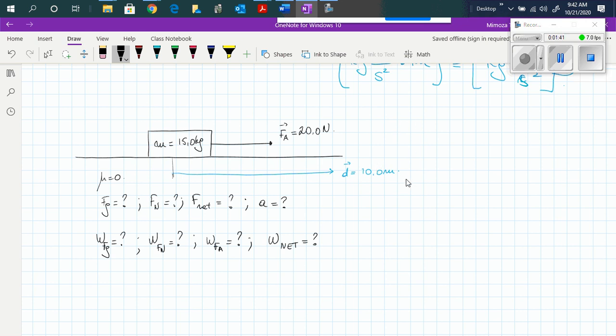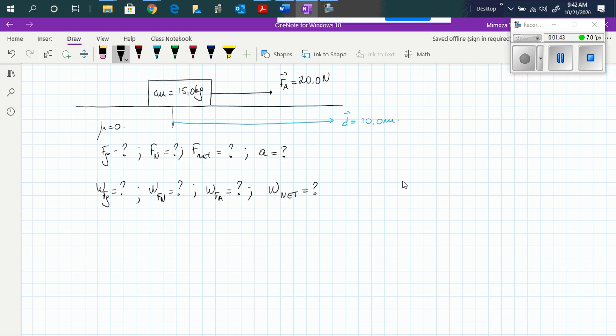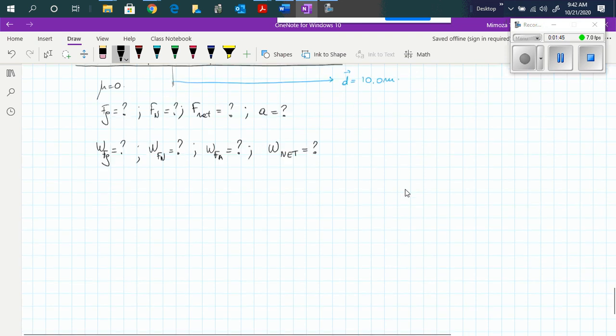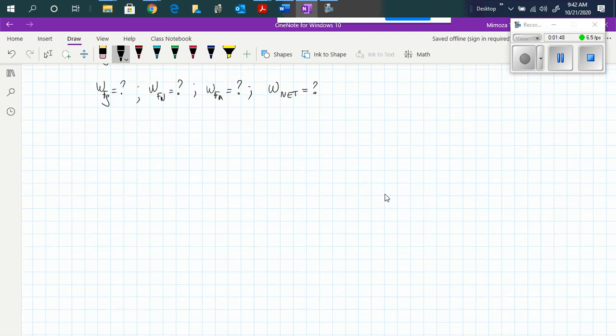Okay, so what do we do since we are dealing with forces? We always draw the free body diagram.